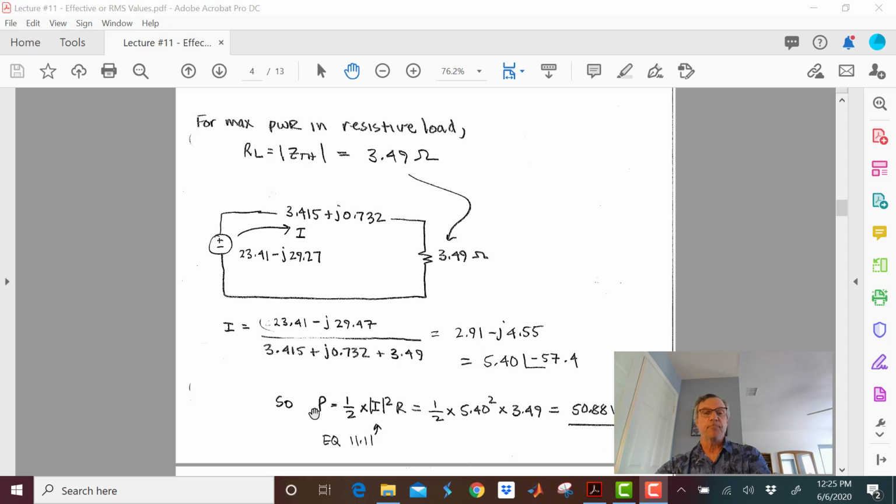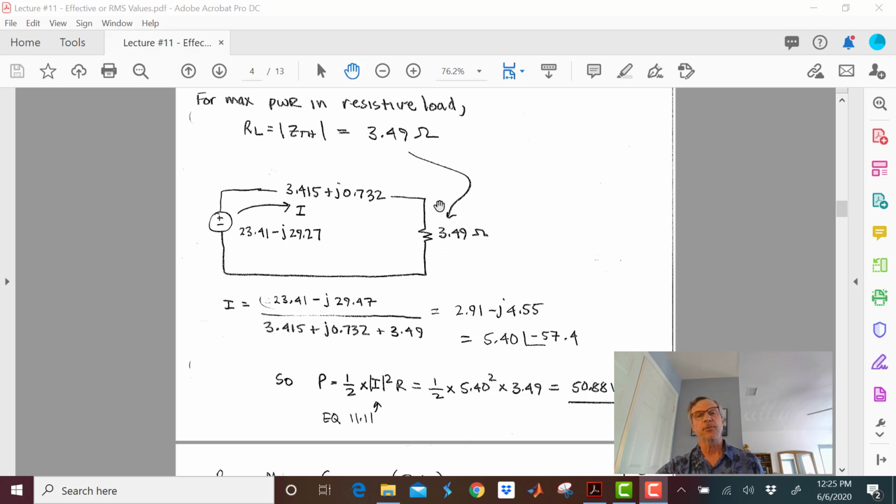So now I'm going to say power is equal to 1/2 absolute value of I squared times R. Remember how in the last lecture I said this is how most engineers remember it, so they don't have to deal with that phase angle. If you're not sure about that, go back to that lecture because it's a really good trick. I mean, the basic idea is if I want the power through the resistor, all I need to know is the magnitude of the current in the resistor.